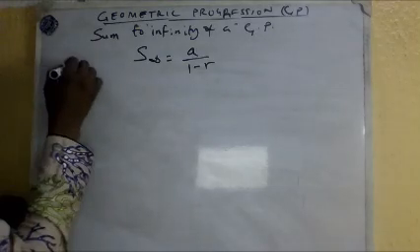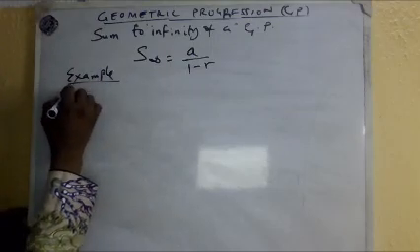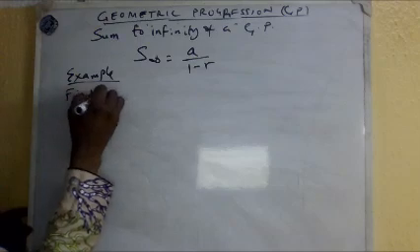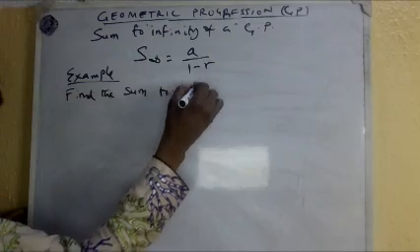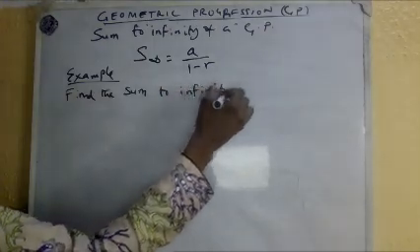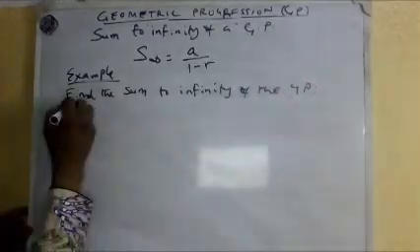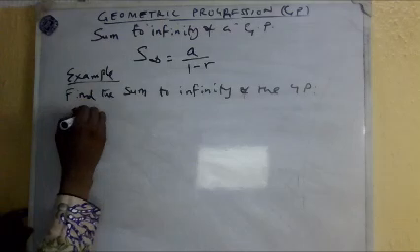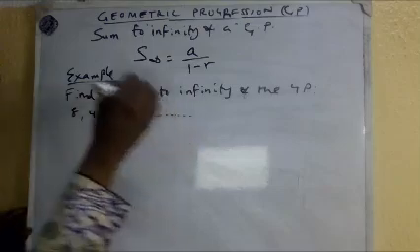Example. If I have this question, they say find the sum to infinity of the GP. What is the GP? GP is 8, 4, 2, 1, and so on.